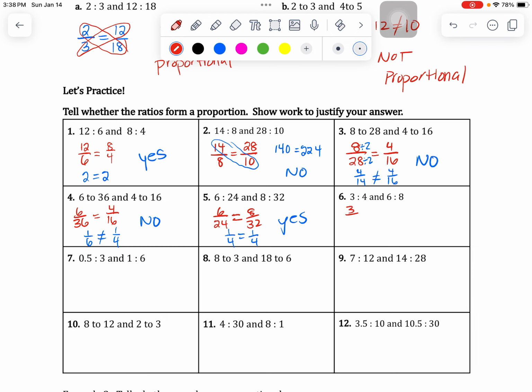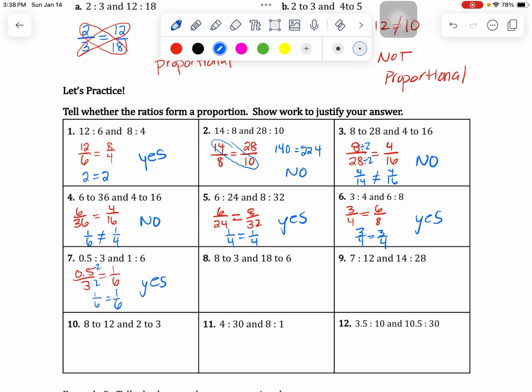Number 6, I get 3/4 compared to 6/8, which 6/8 would simplify to 3/4. So this one is proportional. Number 7, I get half over 3 compared to 1 over 6. This one, I can multiply this one by 2 to see that that would also be 1/6.